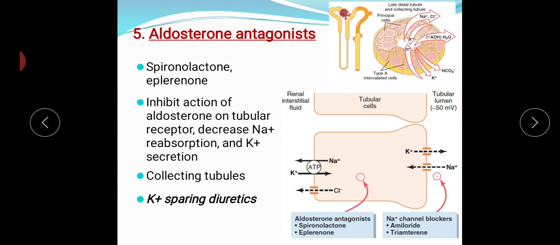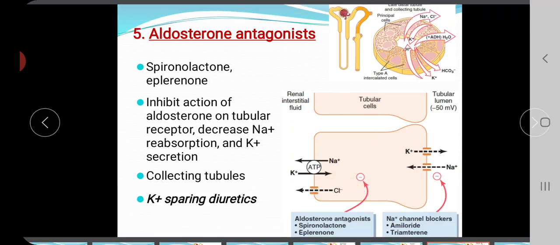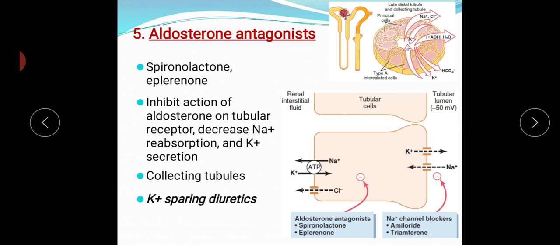By that, they decrease the permeability of these two channels, decreasing sodium reabsorption and also decreasing potassium secretion. By preventing sodium reabsorption, they secondarily prevent water reabsorption as well. So these drugs are indirectly preventing sodium reabsorption and causing natriuresis.